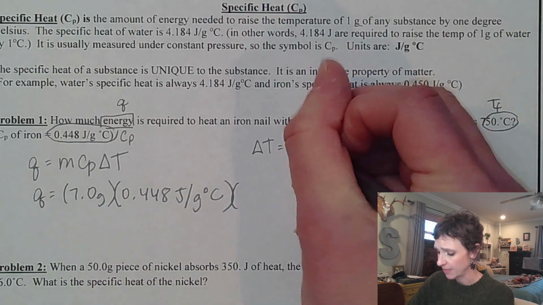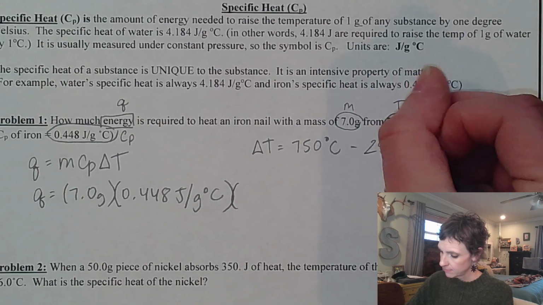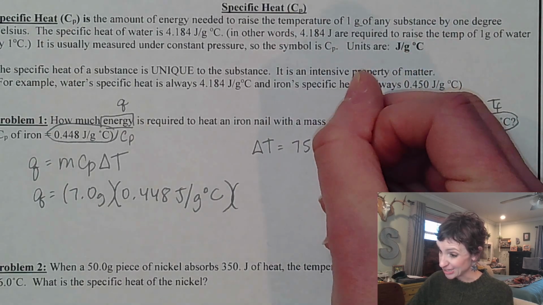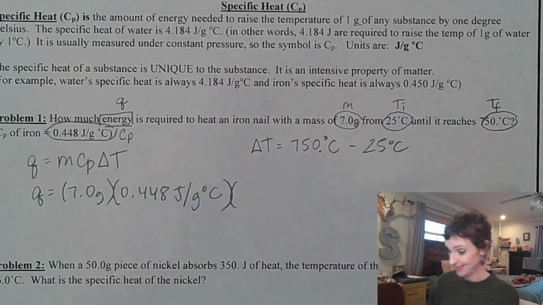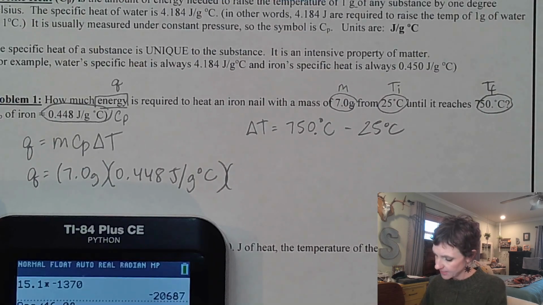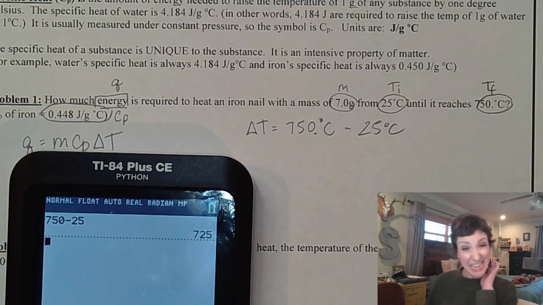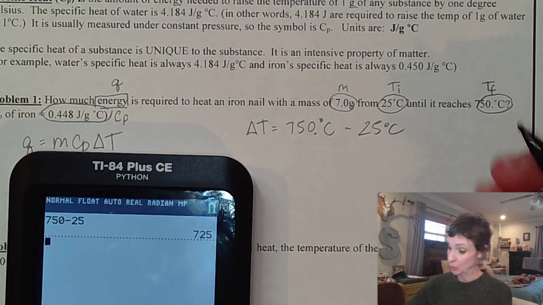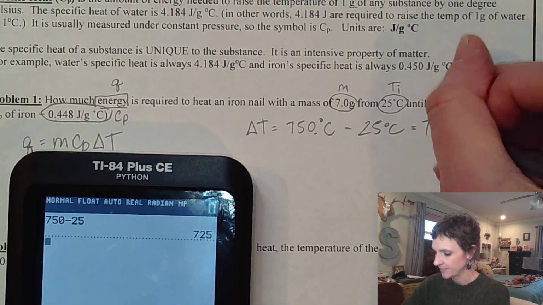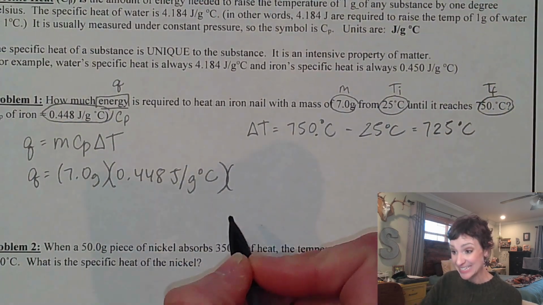You can show that math up here, right? And I'm actually going to put that decimal because there is a decimal in this one. And do this math first before you plug it in, okay? And I'm going to show that on my calculator because it's going to have a very important point. So I have 750 minus 25. So the delta T is 725 degrees Celsius. Okay, so I can plug that in as is.